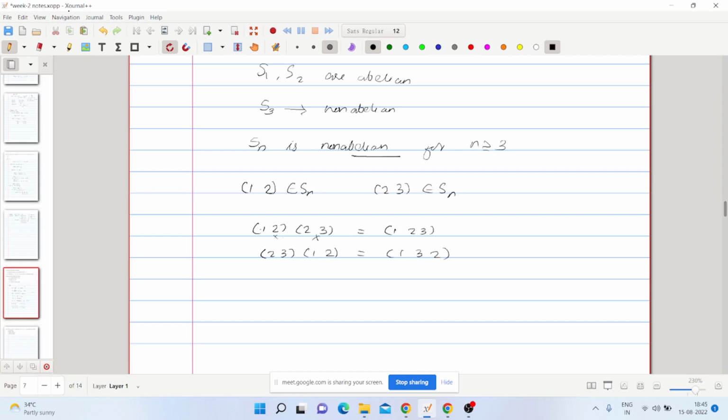So (1 2)(2 3) is (1 2 3) and (2 3)(1 2) is (1 3 2). These are not equal. So this is true for any Sn: Sn is non-abelian. The only thing is that in Sn we need at least 3 elements. If n is less than or equal to 2, we have found it is abelian. Is this clear?